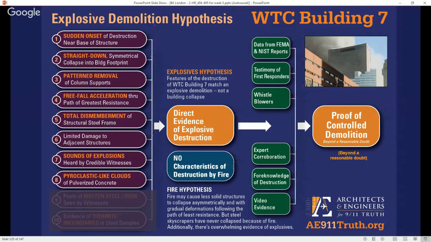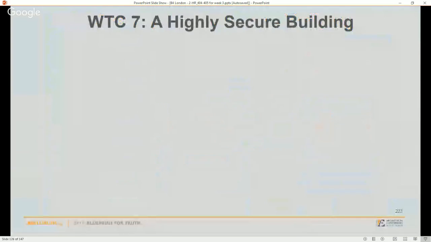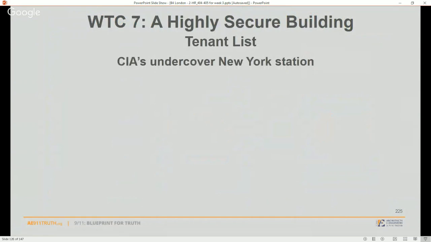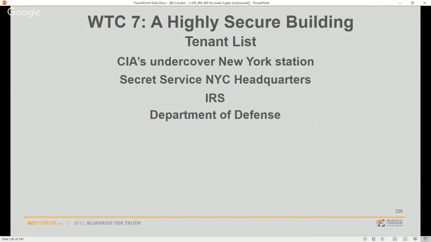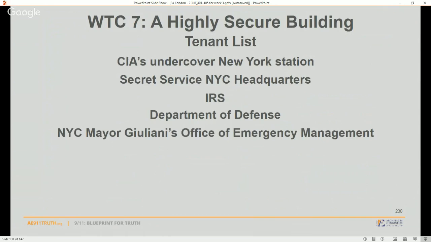And if you are so inclined at this point to agree with us to the point of calling for a new investigation, then we would like to join you. We would like you to join us in realizing, first of all, that this is a very highly secure building with the CIA, the Secret Service, the IRS, the Department of Defense, Mayor Giuliani's Office of Emergency Management, the bunker designed to manage the city in the event of a catastrophic emergency like this.